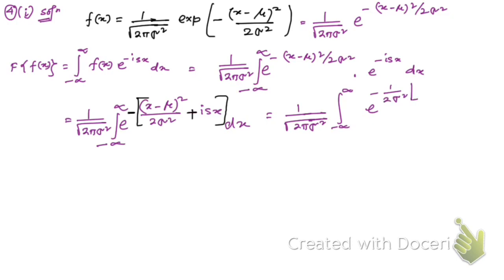Within the bracket we have (x minus mu) whole square plus isx into 2 sigma square, dx. Hope you have understood this, right?